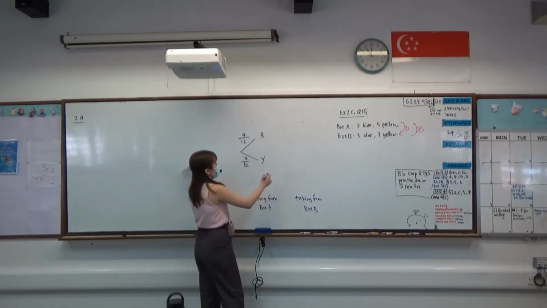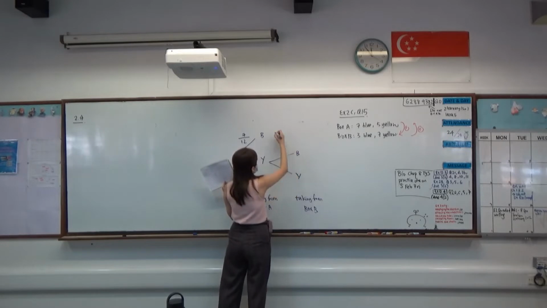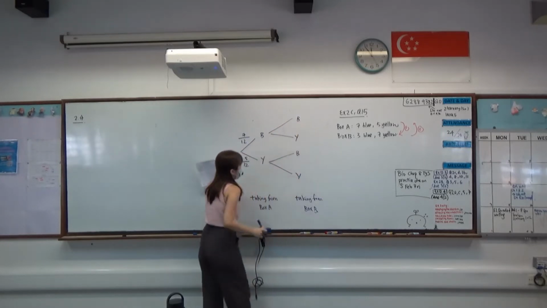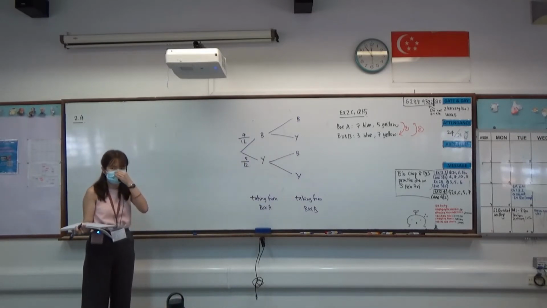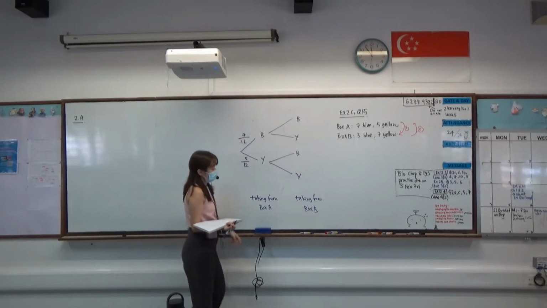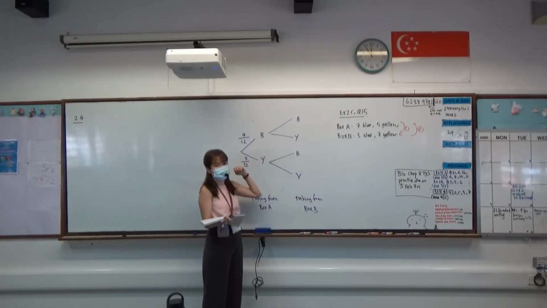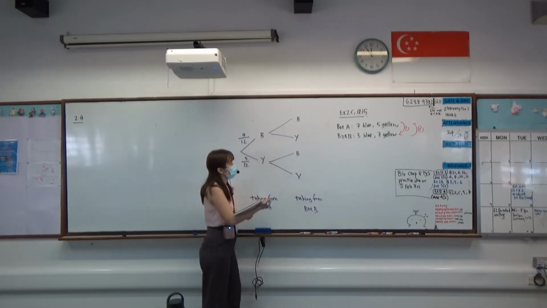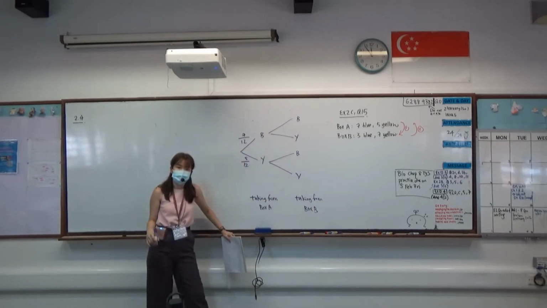We also have blue or yellow. Okay, but what will the probability be like? So if we had taken a blue ball from box A and placed it into box B, what do you think would be the total number of balls found inside box B?